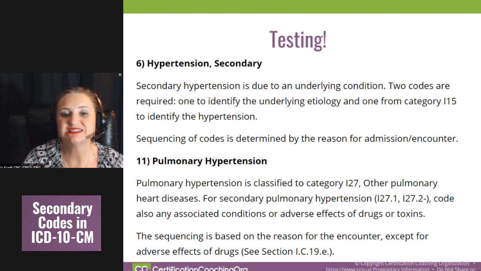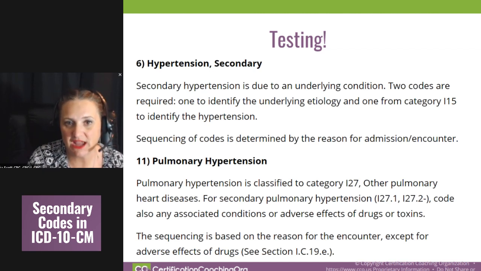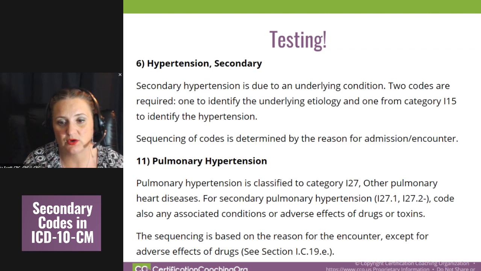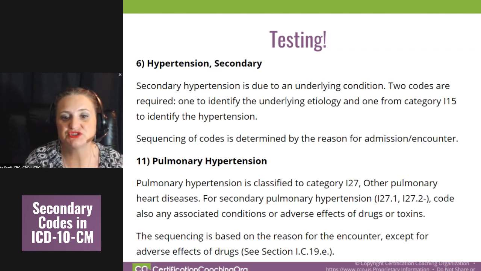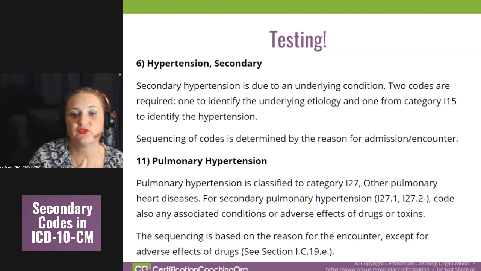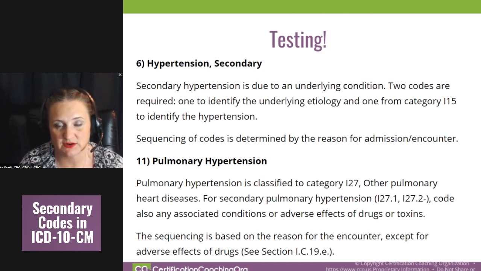If you have secondary pulmonary hypertension, then you're going to code I27.1 and look at I27.2. And whenever you see that dash, that means there are more codes. Also, anytime you have any other conditions or adverse effects, whether they be from drugs or toxins or whatever, okay?